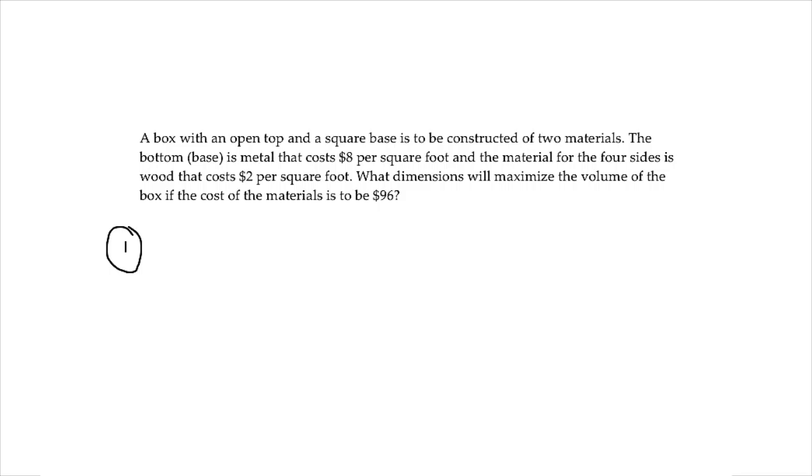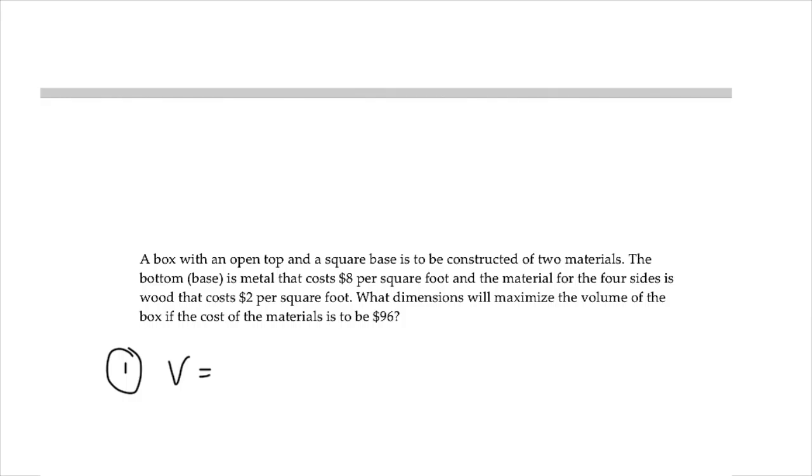Since we're maximizing the volume, the primary function is going to be my volume. Now what does the volume of the box look like? Maybe if we draw the box, we'll get a better answer. So the box looks like this. Here's x, because it does say it has a square base.